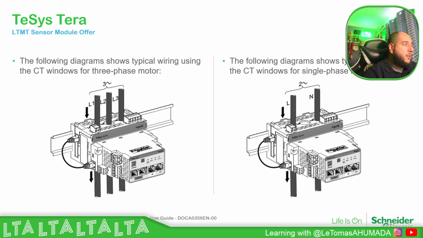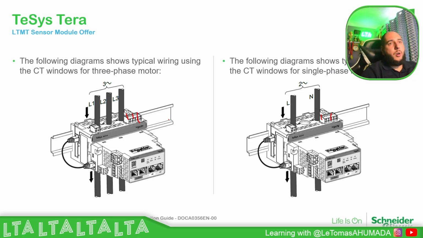Here you can see that I'm using the first one for the line and the other one for the neutral. And the same needs to be applied for the terminals for the voltage and current. Here are the three. So that's something that you need to follow. But this is how it looks like.